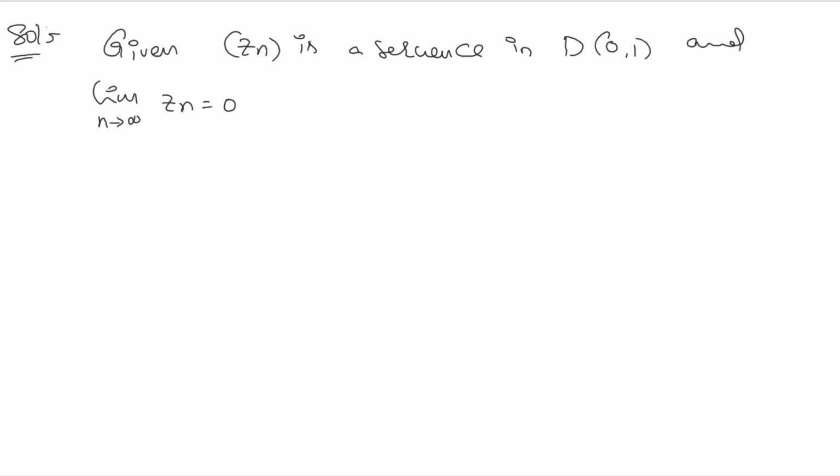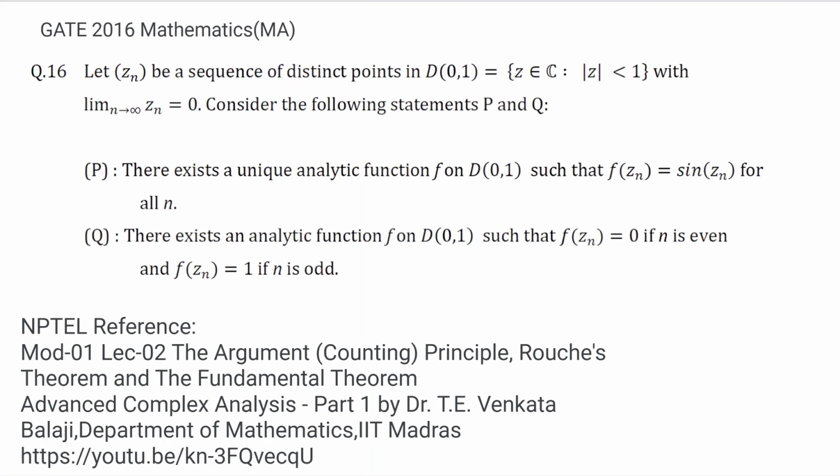So the important condition here is that the limit of Zn is 0. Based on this theorem, the two statements can be decided.